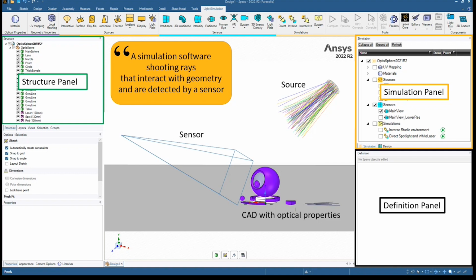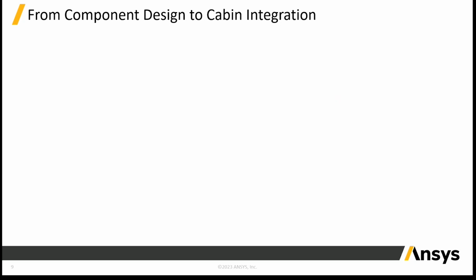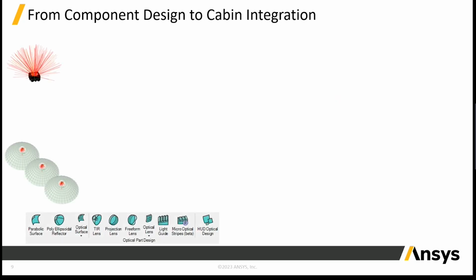And as mentioned here, it's a simulation software shooting rays that interact with geometry and are detected by a sensor. But not only this, it also generates optical geometry. So you can go from component design to cabin integration.